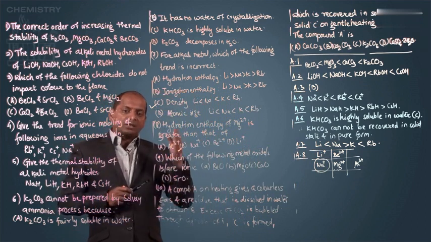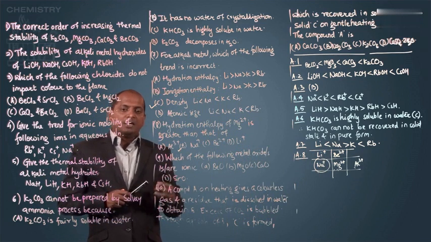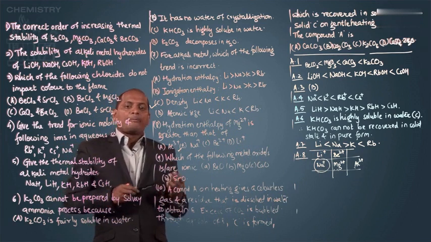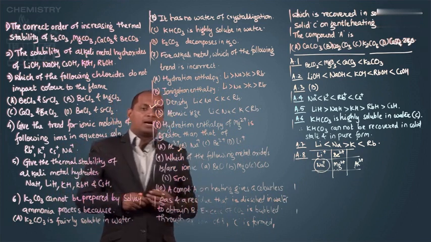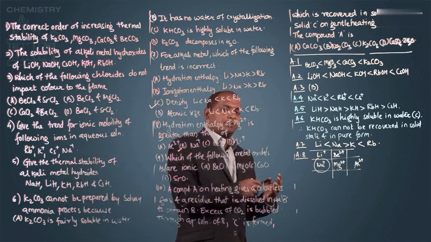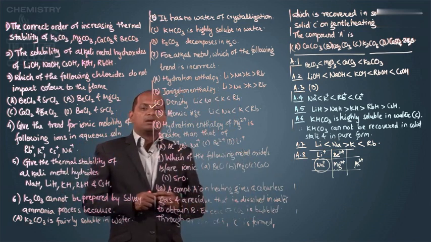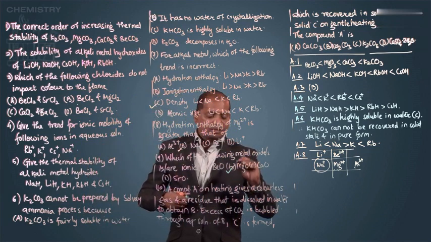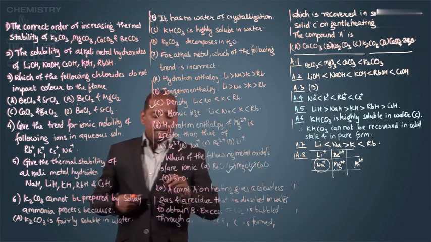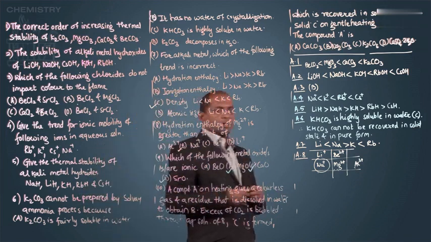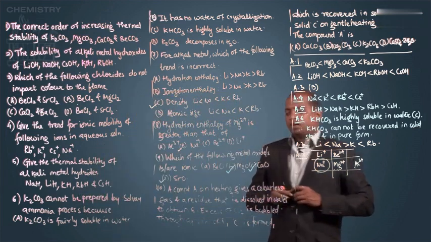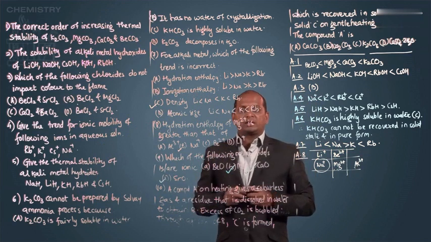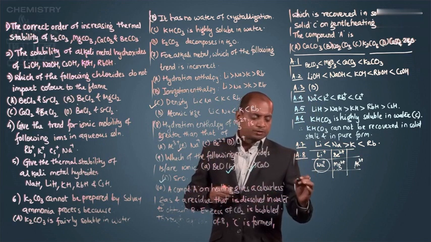So in case of alkaline earth metals, beryllium oxide is less electropositive and the further elements are more ionic. Therefore, here the answer is magnesium oxide, calcium oxide and strontium oxide. So multiple answers are correct. So these three oxides are ionic in nature. Next question.